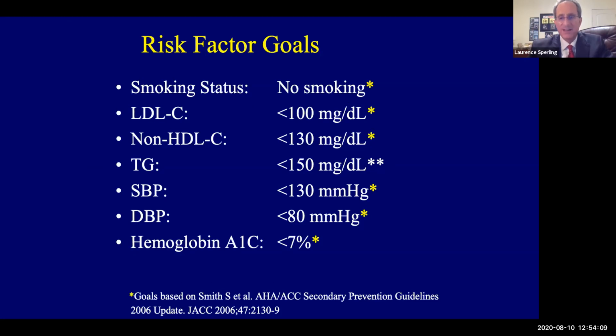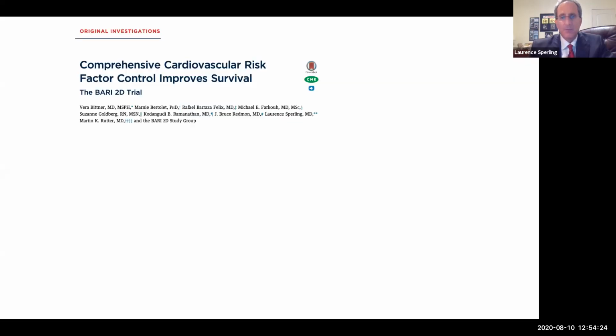There were about 2,300 people who were participating in Berry 2D. And we looked at 7 different, very straightforward cardiovascular risk markers: smoking, lipid measures, blood pressure, and A1C, much like you all have been doing with the Right Care Initiative. Next slide. And what we demonstrated in this paper in JACC was the most important thing for your diabetics with obstructive coronary disease was not whether you bypass them or put in stents.